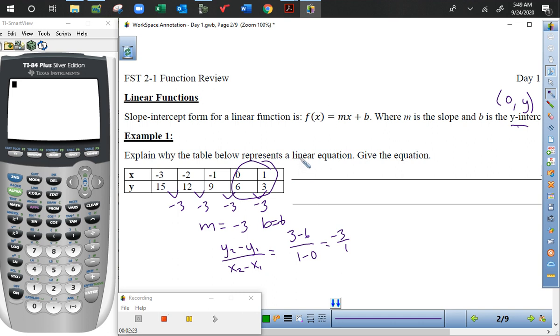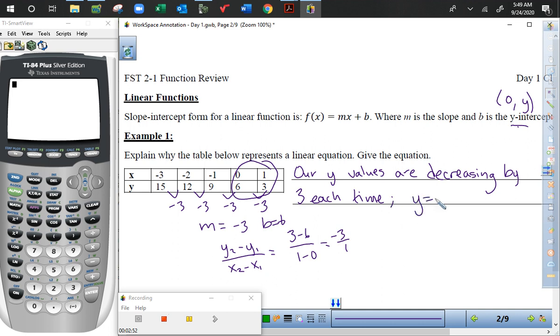It's linear because our y values are decreasing by 3 every time. And our equation is y equals -3x plus 6.